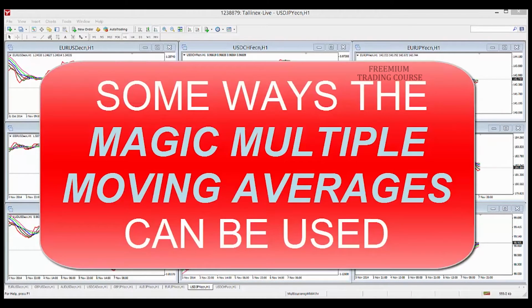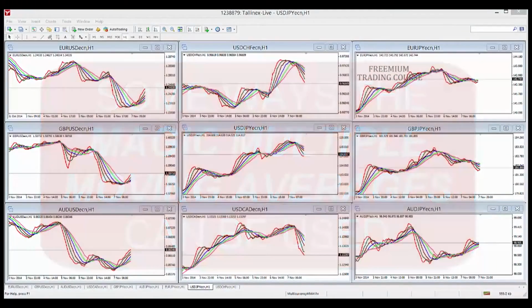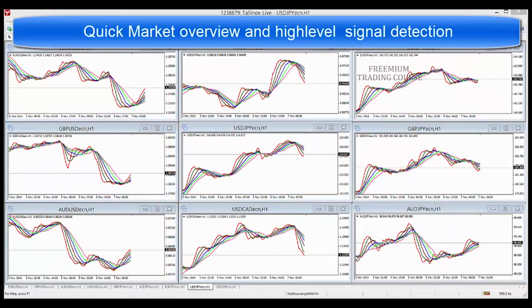In this introduction lecture, we're going to have a look at the various ways that you can use the Magic Multiple Moving Average technique. Now on your screen you can see one of the ways, and that is comparing a number of currencies to each other to very quickly see the state of the Forex market, which currencies are trending, which ones are consolidating, and so on.